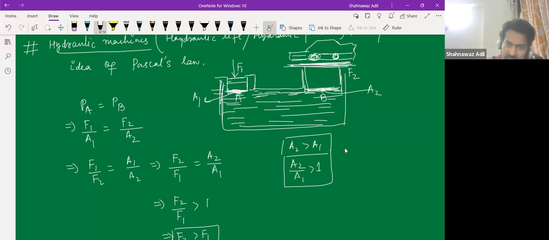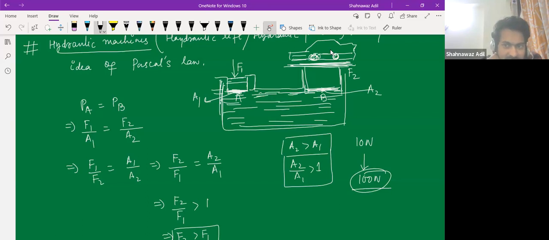Let's say at this point I'm applying a 10 Newton force, but on this side by using Pascal's law, I will get 100 Newton force, right? So I'm using a small amount of effort on this side, and then I can lift a car, right? Can you guys lift the car on your own?